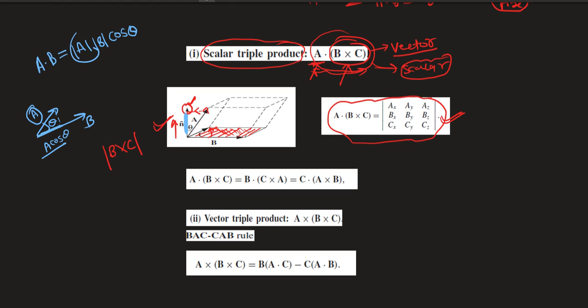Okay, so this A cos theta is my projection of vector A onto the vector B. So if you want to find the projection of vector A onto the vector B, then you just have to write A dot B divided by the magnitude of B. Yes, it would be equal to A cos theta, and this is my projection of vector A onto the vector B.